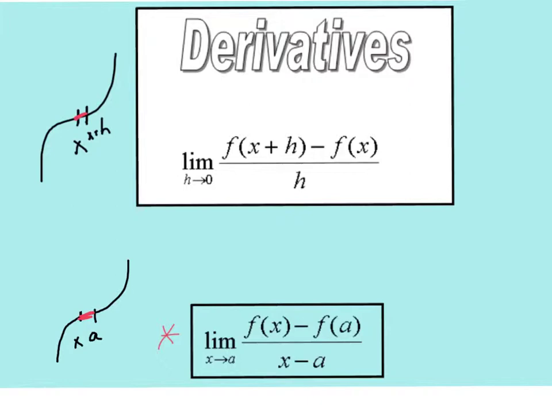And of course, to find the slope between 2 points, you simply do the difference in their y values. f of x is that y value, f of a is that y value, over the difference in x. But to find the actual slope at the point, x should be getting closer and closer to a. So this x should be moving up towards a. Just like here, since h was getting smaller, this point was dropping back. So they really do say the same thing.